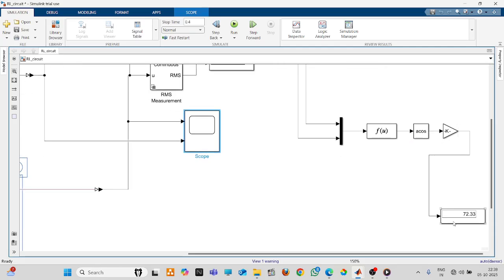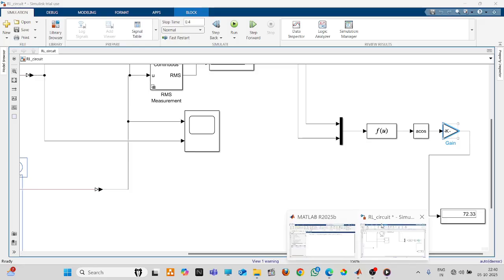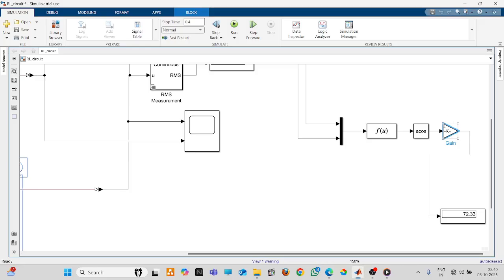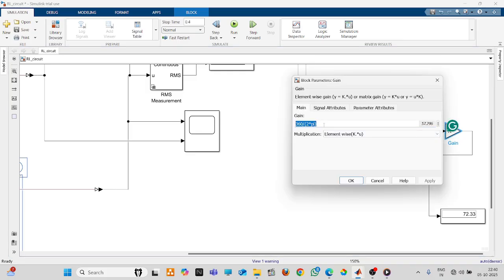You need the value in degrees, not in radians. So for that, the gain value is 360 degrees upon 2 pi. You can see 360 upon 2 into pi. This is the gain value.